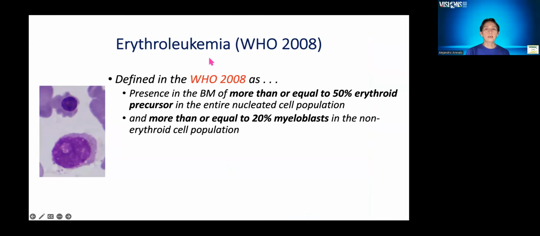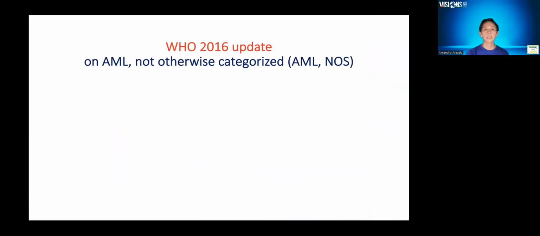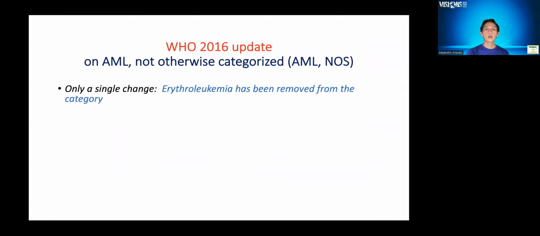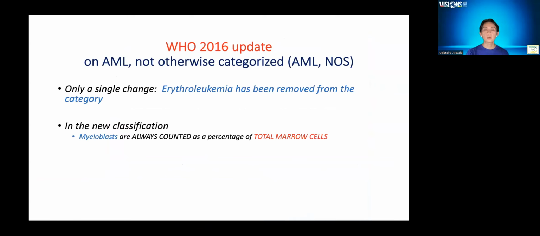So actually, this has already been modified in the new WHO. Okay, in the new WHO, the erythroleukemia has been removed from the category. Okay, and in the new classification, all the myeloblasts will be counted as a percentage of your total bone marrow cells.